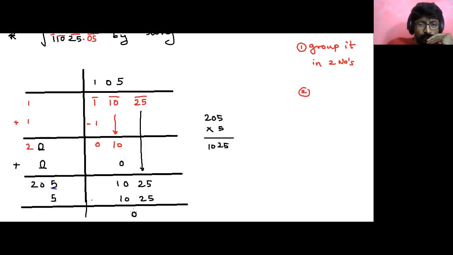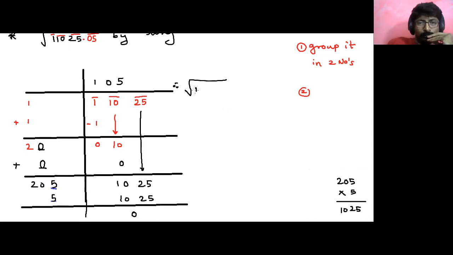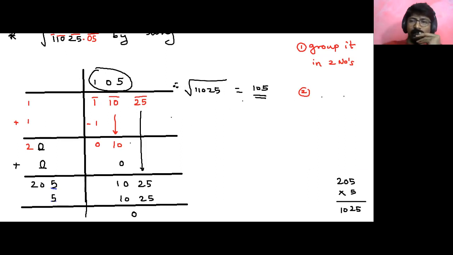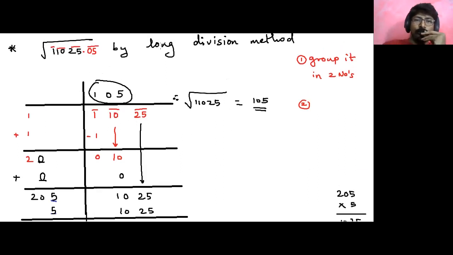Therefore the square root of 11025 is simply this number, which is 105. And that's it. This method, students, is called long division, or square root by long division.